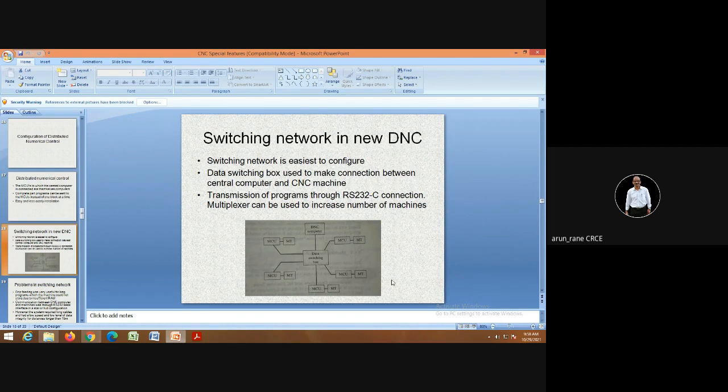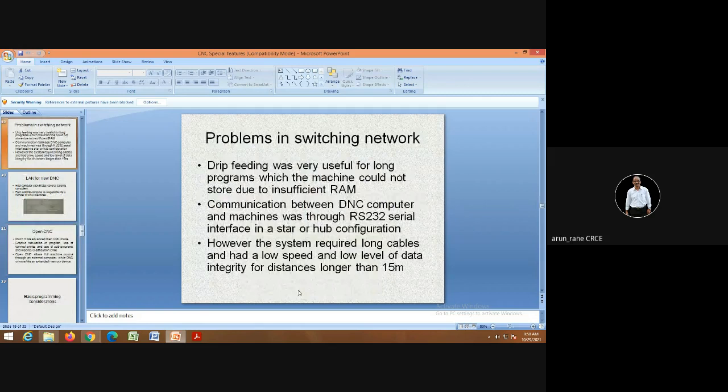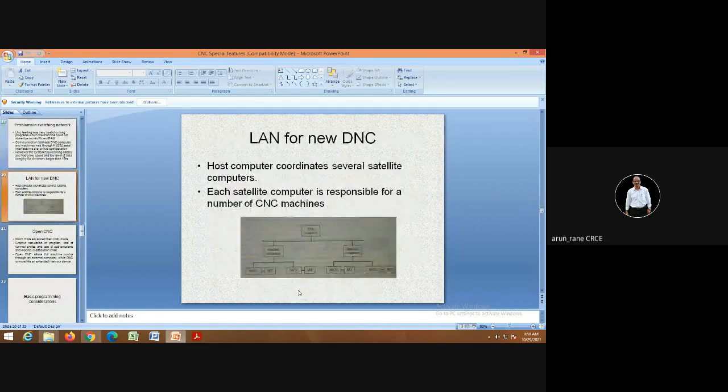You have a provision to switch. That is, if the 10 machines are connected, then you can start or stop machine number 2 or machine number 4 selectively. That is what is called the switching network. And of course, all the machines are connected through LAN, that is, local area network.